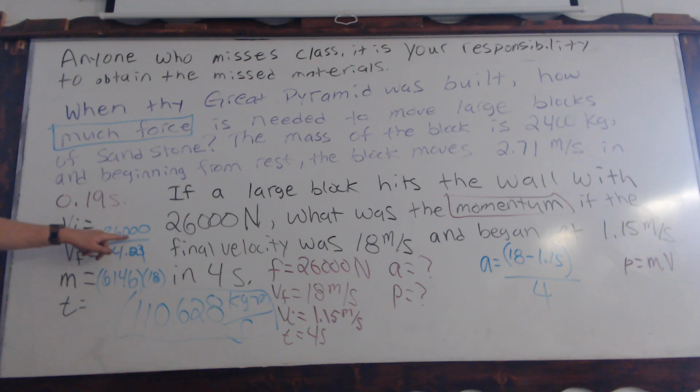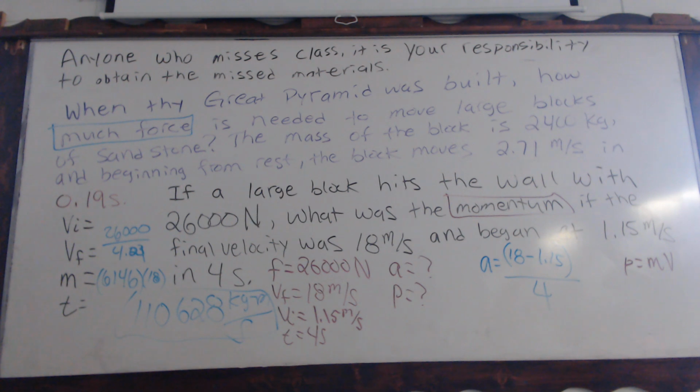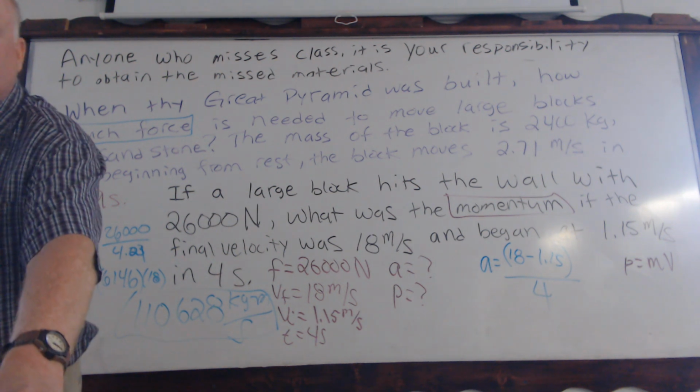You divide that into 26,000, and that gives you a mass of approximately 6146. It's the rounding that is why we're not getting the same answer. 6146 times 18, which was your final velocity, gives you approximately 110,628. If you are lost, please ask for help. That's all we can do. We'll catch up to you next time.